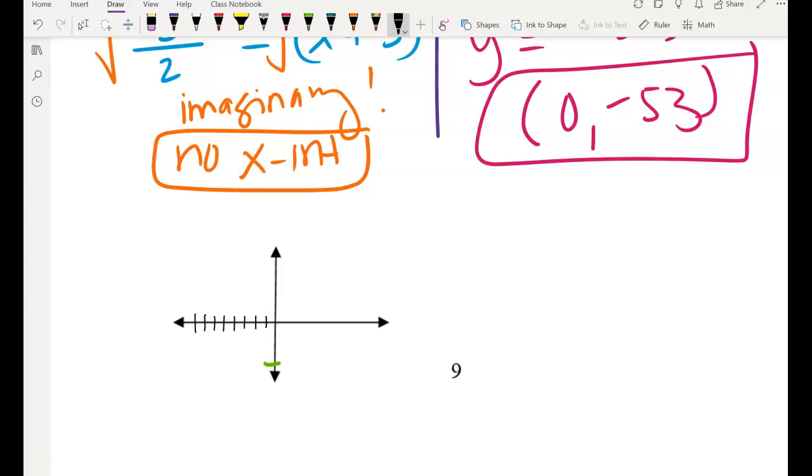If you click on it, it should tell you. What do you guys have? Negative 5, negative 3, and Nicoletta agrees because that's what she has. Okay, 1, 2, 3, 4, 5. Uno, dos, okay. And then we're going to hit over the y-intercept here at negative 53. It's that green mark.